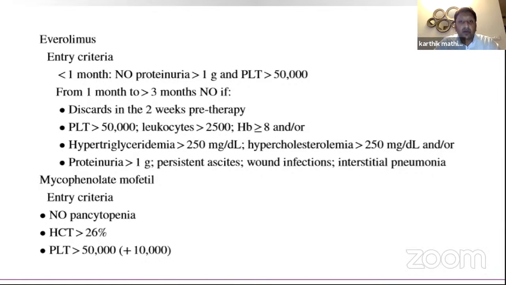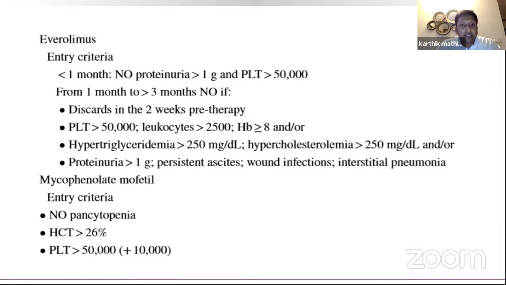And of course, there are 2 cautions we need to be careful about: one is HAT, the other is the hernia, which is the wound healing problem. So after a week, I think it's safe to introduce at least a low dose, and see how the patient's LFTs are responding. One thing you have to check before introducing everolimus is the proteinuria level, because if the proteinuria is more than 1 gram, then you cannot introduce everolimus.